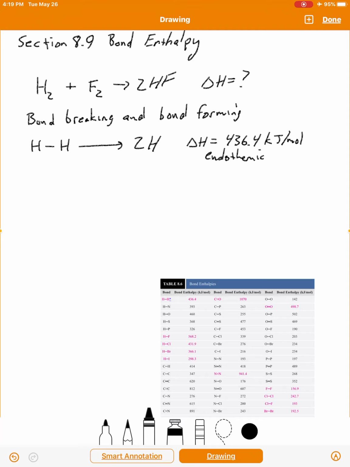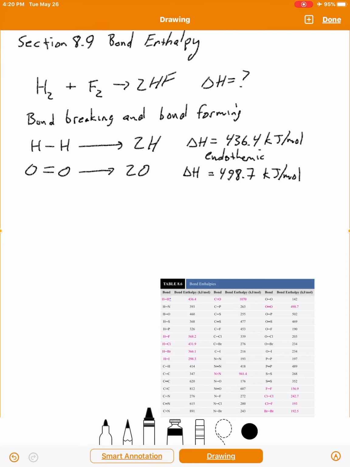If I wanted to do the same thing for an oxygen-oxygen double bond to form two oxygen atoms, the energy it would take is 498.7 kilojoules per mole. And we call that the bond enthalpy, the amount of energy it takes to break two atoms apart.